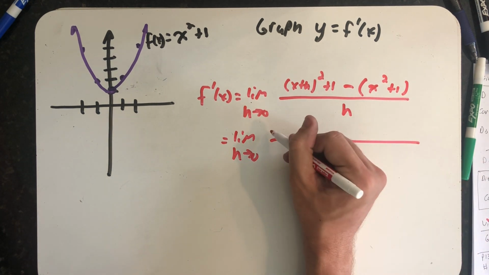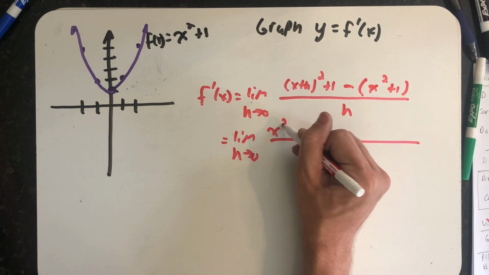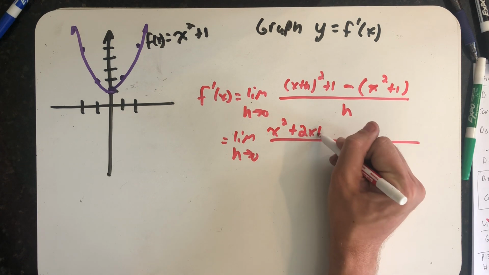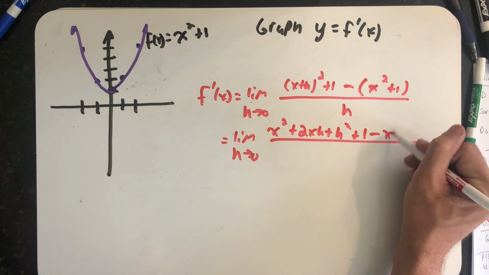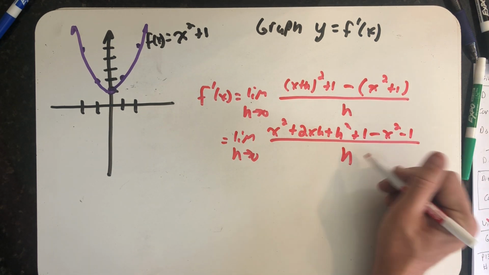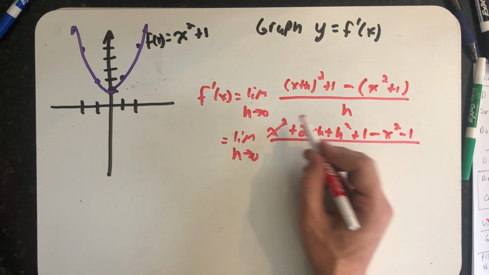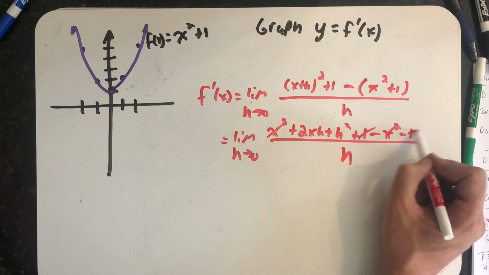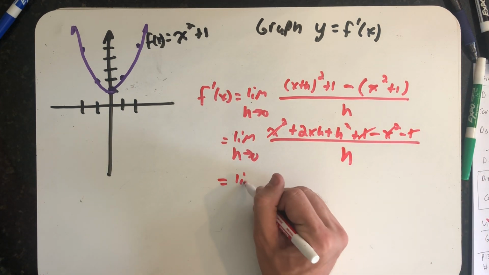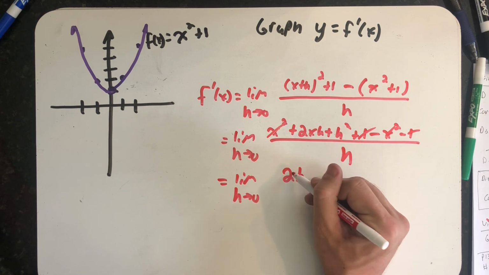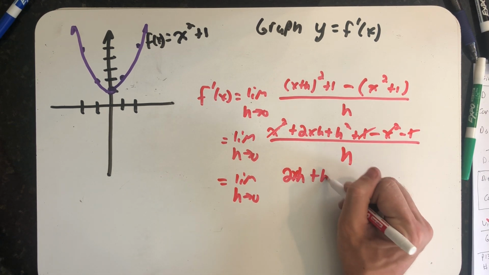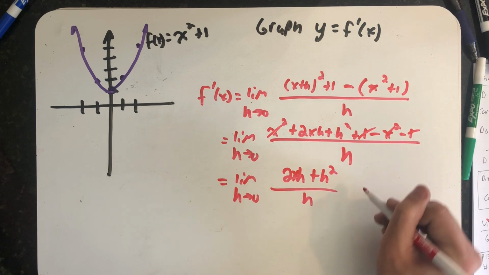All right, so on the top, I'll expand this out. x squared plus 2xh plus h squared plus 1 minus x squared minus 1 all over h. The x squareds cancel, the 1's cancel, and nicely enough, everything else has an h in it. 2xh plus h squared all divided by h.